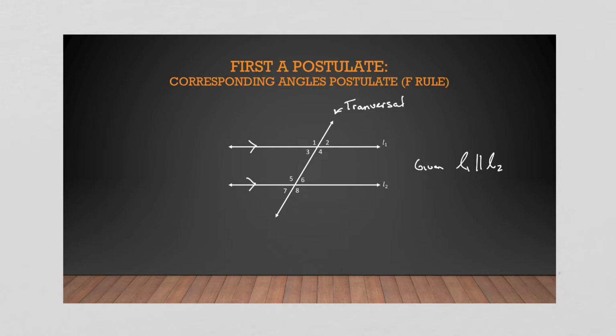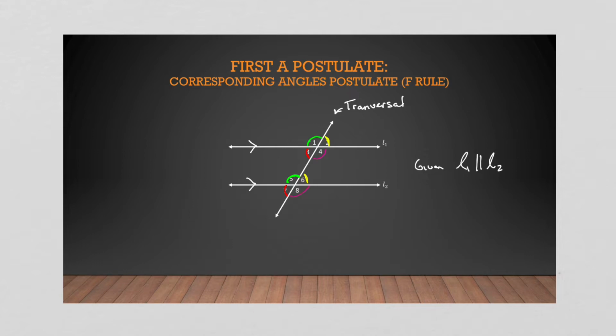And what we end up with is scenarios that give us this angle here is equal to this angle here. And this angle here is equal to this angle here. And what else? This angle here is equal to this angle here. And then lastly, this angle here is equal to this angle here.